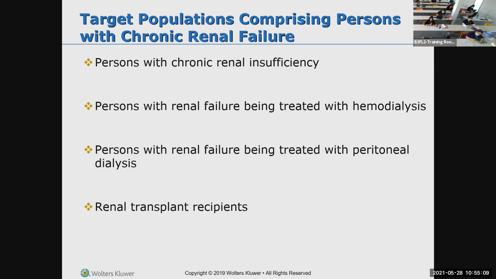The patient goes under training on how to take care of the peritoneal dialysis. The patient is informed how to operate it, how to use it, how to change the dialysis bag.